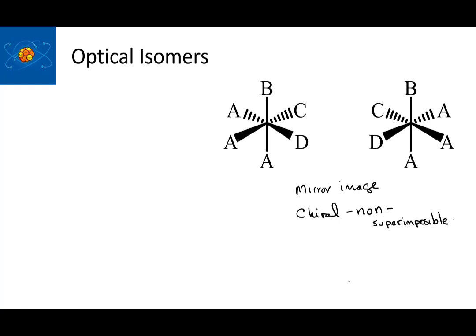There we go. So non-superimposable mirror images gives us chirality. So we can say a compound is chiral if it possesses a non-superimposable mirror image, which means if you take the mirror image of it, it doesn't superimpose.